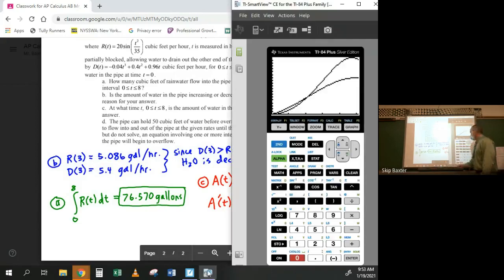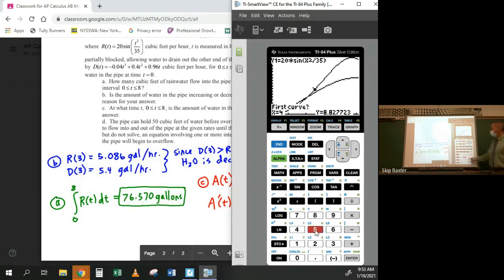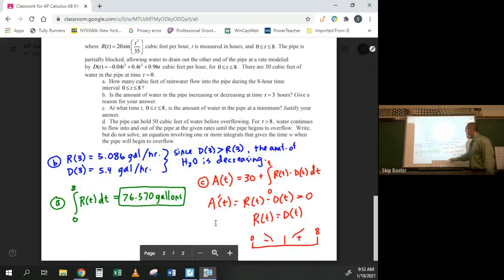So I go to my calculator, second calc, intersect, first curve, second curve, guess, boom, there it is. 3.272 hours. And that's what the question's asking: at what time is the amount of water in the pipe at a minimum?